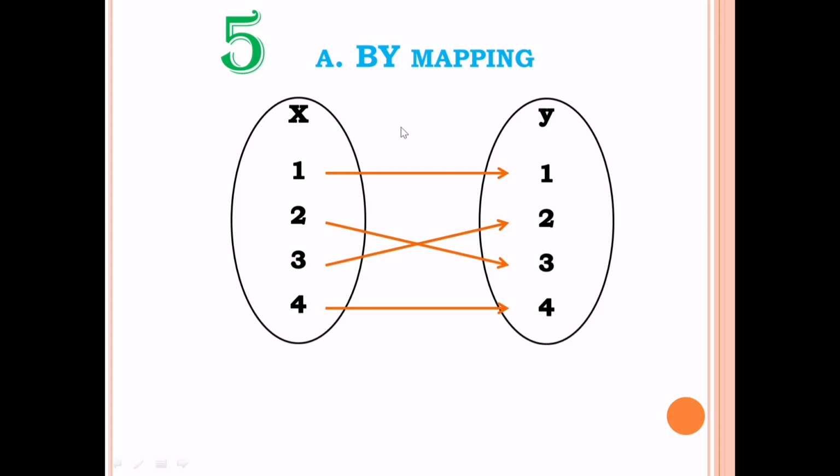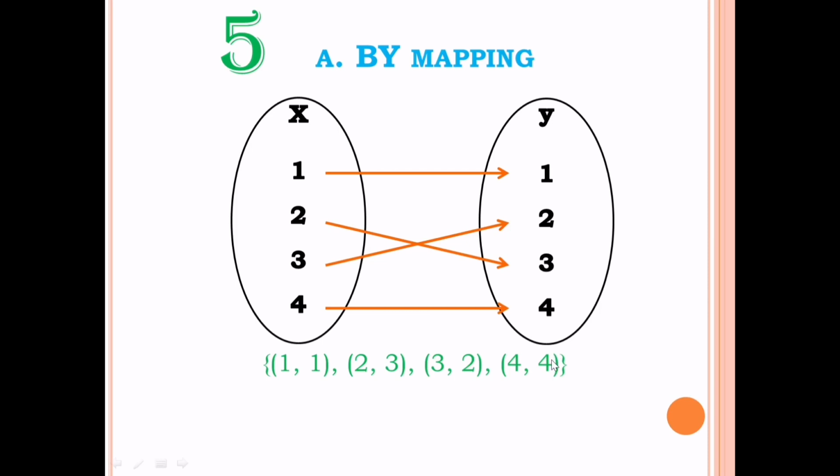As you can see, we have two variables here, the x and the y, that contain the same elements: 1, 2, 3, 4, and 1, 2, 3, 4. The x corresponds to another one. 1 corresponds to 1, 2 corresponds to 3, 3 corresponds to 2, 4 corresponds to 4. So we now have the ordered pairs 1, 1, 2, 3, 3, 2, 4, 4.